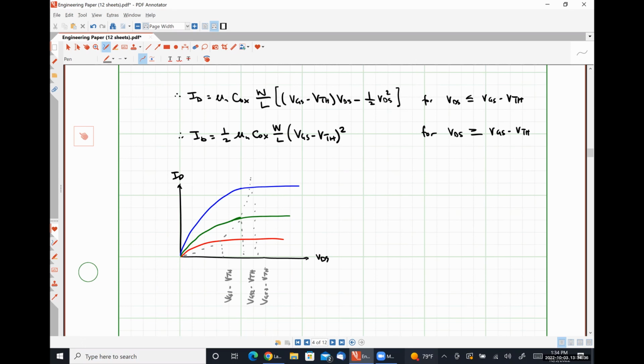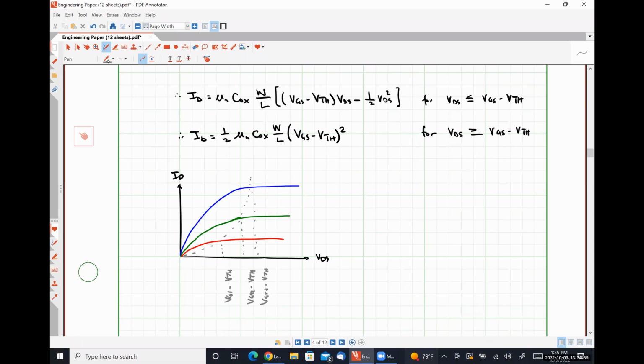What I'm attempting to show you guys here is that once V_DS exceeds this thing, effectively our current flattens out. Now we know that's not fully true because we're aware of a phenomenon called channel length modulation, which we'll talk about briefly.